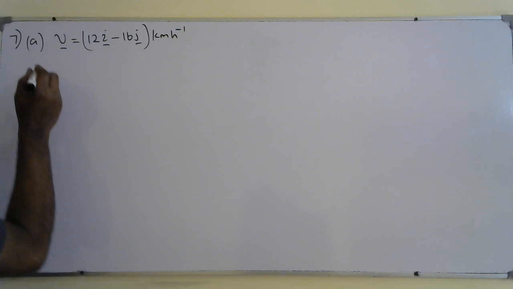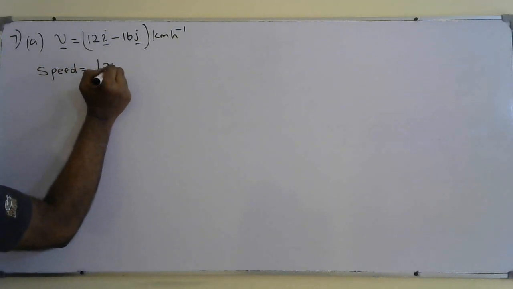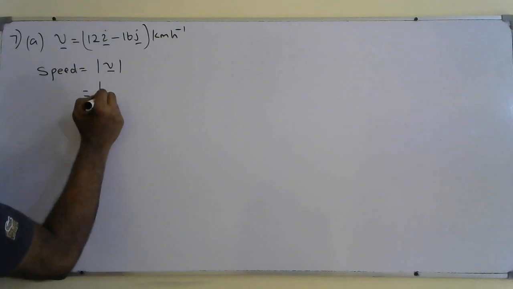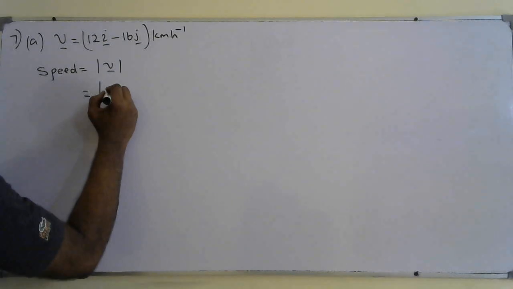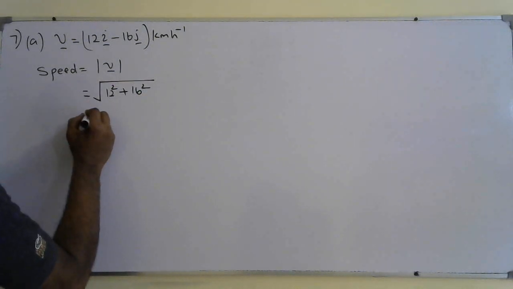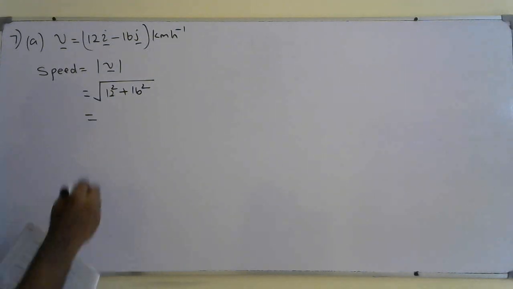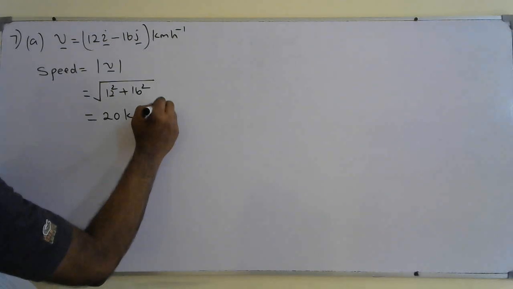So speed equals the modulus of the velocity vector, that is square root of 12 squared plus 16 squared. So you will get 20 kilometer per hour. That's the answer.